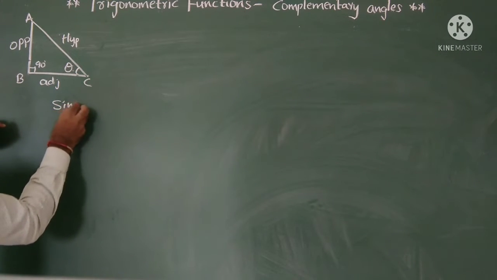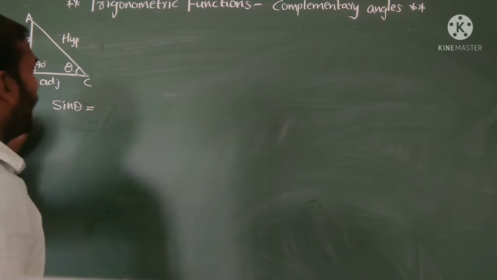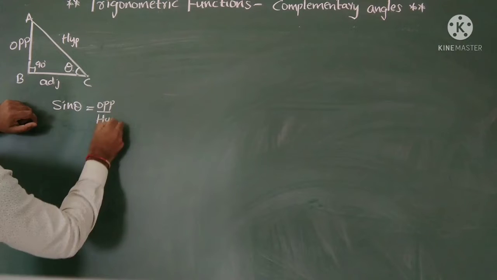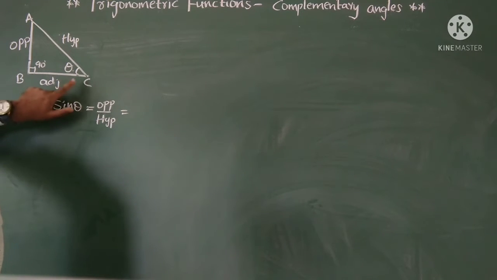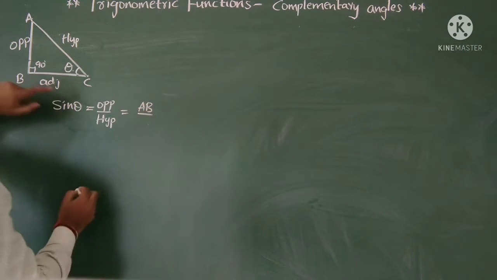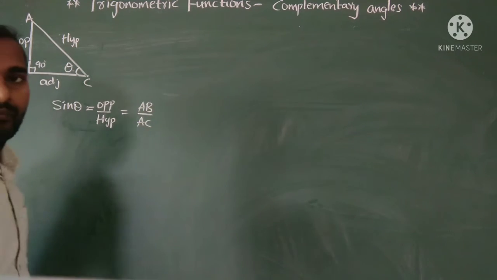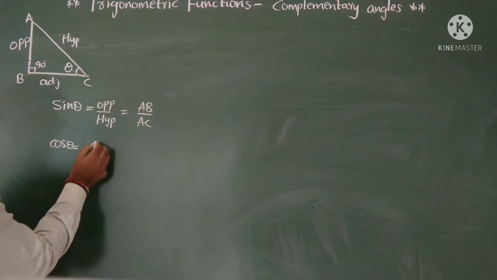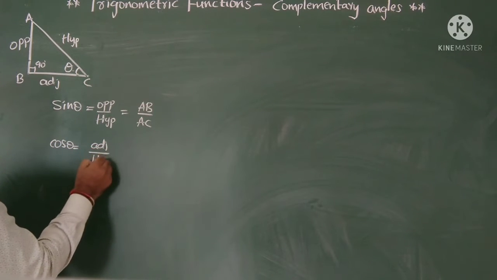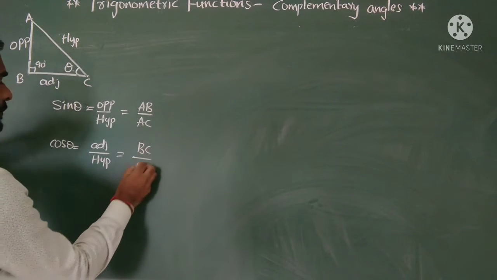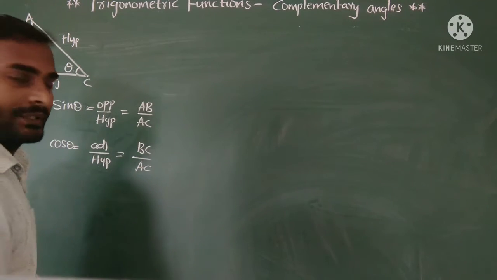Sin theta is equal to opposite by hypotenuse. That means opposite is AB, hypotenuse is AC. This one we have discussed. And cos theta is equal to adjacent by hypotenuse. Adjacent is BC, hypotenuse is AC. This one we have discussed.